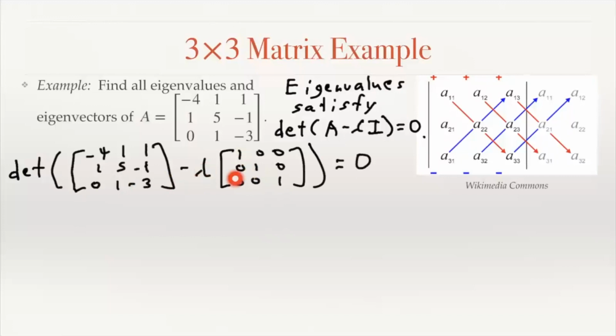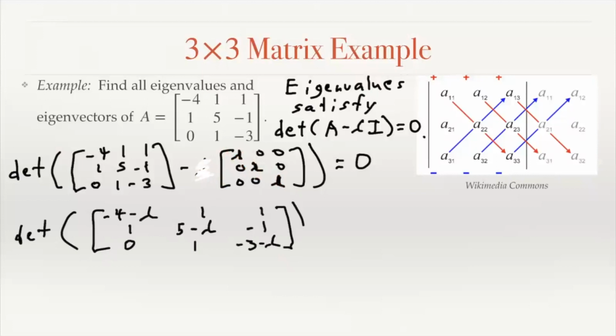The lambda just distributes to all entries, and it makes a nice diagonal of lambdas like this after we pull the lambda inside. And then subtracting, this is saying that the determinant of this matrix is 0. And at this point, we can find the determinant of this 3x3 using the method that we just learned.